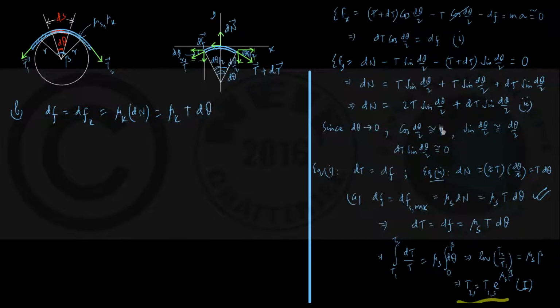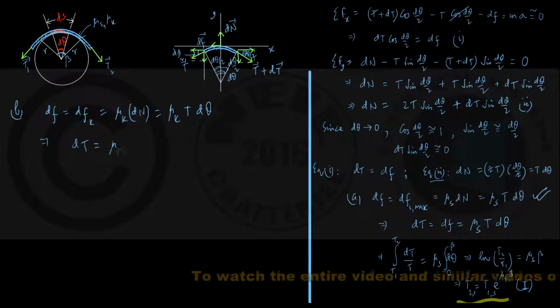And using question number 1 above, since I have got dT is equal to dF, moving similarly, I could write down that dT is coming out to be equal to dF, that is mu k into T into d theta.